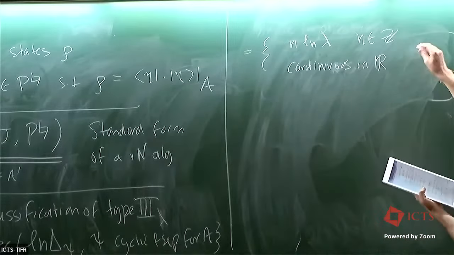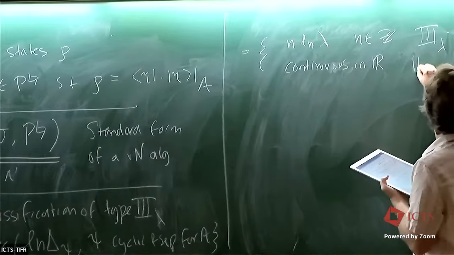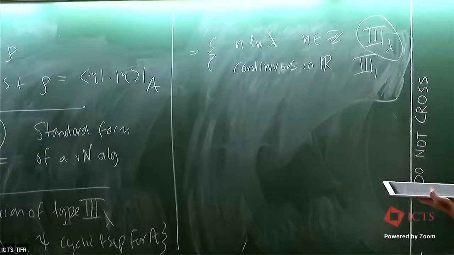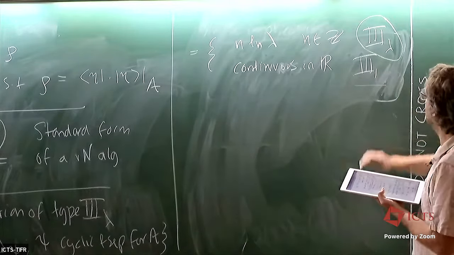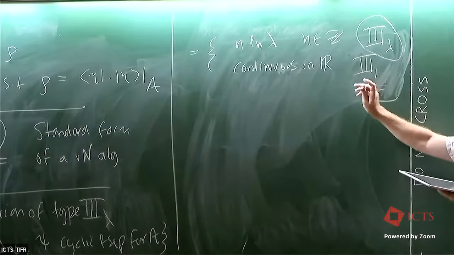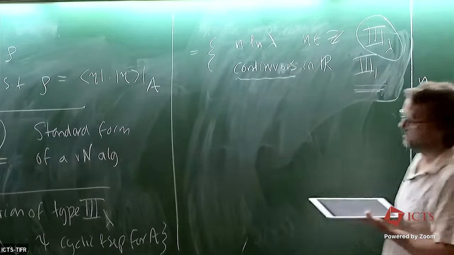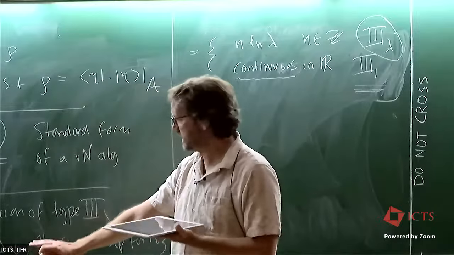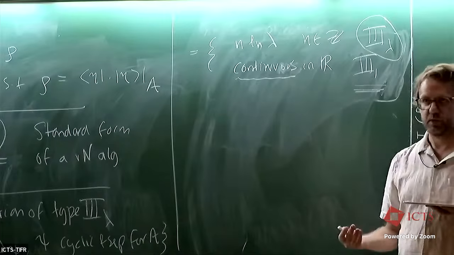This case is the type 3 lambda case, and this case is the type 3-1. You can choose to ignore this case for now because I don't know of any physical application. It might come up at some point, but this case is the interesting one. This is the quantum field theory one, and we'll see it follows because of this continuous spectrum for this modular operator. So this is saying that for every state you can imagine, the modular operator has a continuous spectrum.